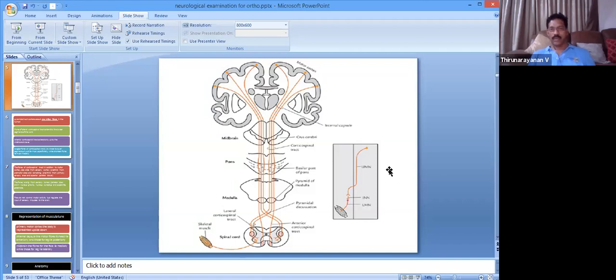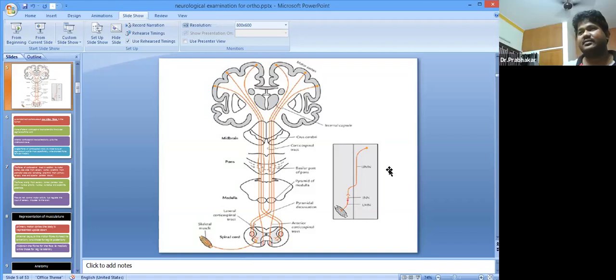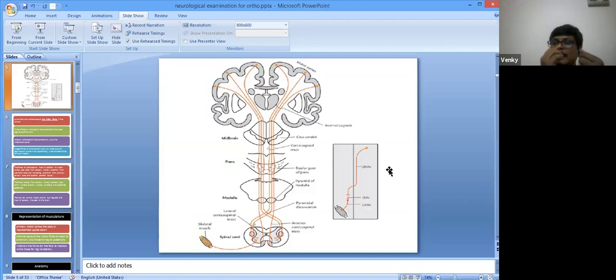Prabha, you want to ask some question? Sir, Lhermitte's sign. Lhermitte's sign is when posterior column fibers get affected in cervical spondylosis.